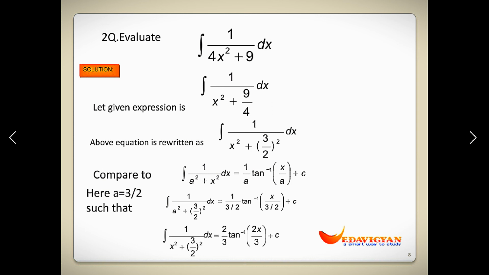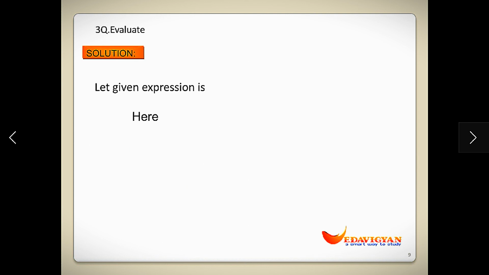Next, look at another problem: the integral of 1 by x square plus 4x plus 13. This is not a standard form; it is a complicated algebraic expression in the denominator. The denominator has to be converted into standard form.